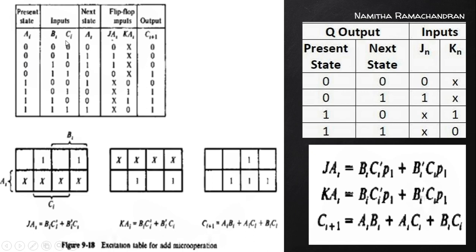So AI, BI, CI, etc. indicate a single bit of our register. In this first case, the present state of AI is taken as 0, BI as 0 and CI as 0. After the addition operation 0 plus 0 plus 0, the resultant value is placed back into our accumulator register. That is, we are going to perform A equal to A plus B.